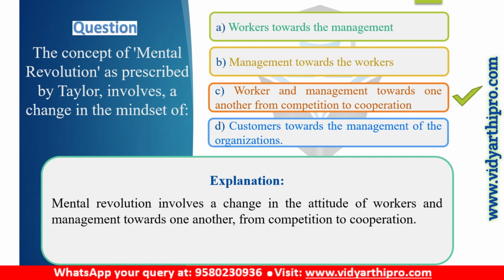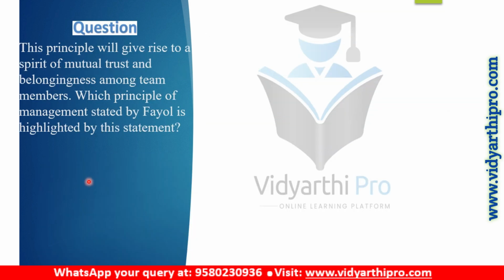Our next question is, this principle will give rise to a spirit of mutual trust and belongingness among team members. Which principle of management stated by Fayol is highlighted by this statement? ये कौन से principle को highlight करता है?